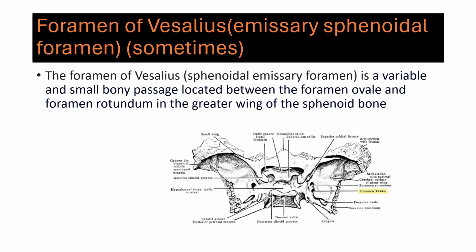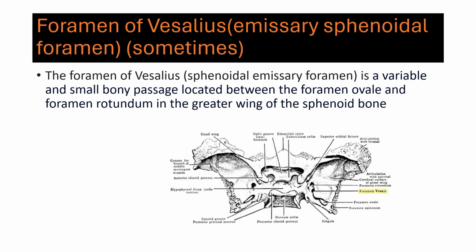Next is the foramen of Vesalius, also called the emissary sphenoidal foramen, and it is present occasionally. The foramen of Vesalius is a variable, small bony passage located in between the foramen ovale and the foramen rotundum in the greater wing of the sphenoid bone.